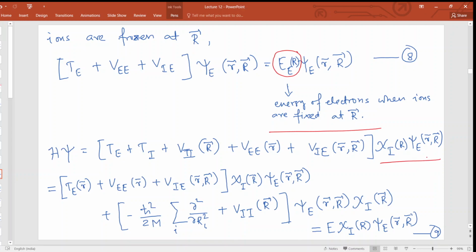Since we have got rid of the ionic part here, we have only three terms, T_e, V_ee and V_ie, and basically we are just expanding it and writing this down again.